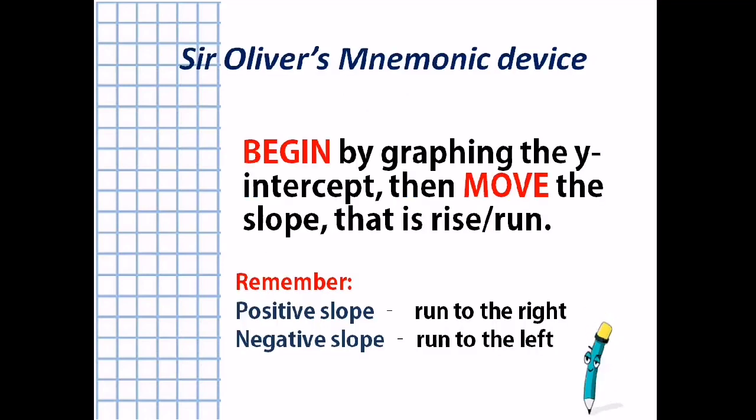Sir Oliver's mnemonic device: begin by graphing the y-intercept, then move the slope, that is rise over run. Remember, if we have a positive slope, run to the right. If we have a negative slope, run to the left. Again, begin by graphing the y-intercept, then move the slope, that is rise over run.